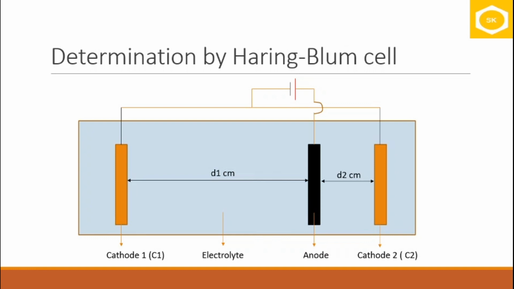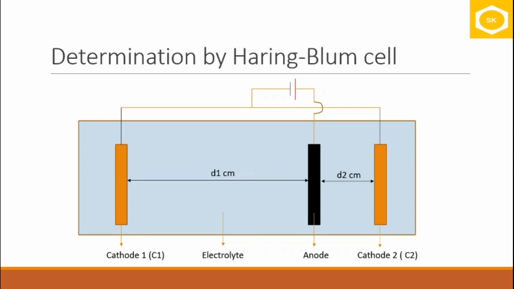Now if you observe keenly, cathode 1 is kept at a distance of d1 centimeters from the anode, which is greater than the distance of cathode 2 from the same anode. This is the way you are going to set up the Haring-Blum cell. That is, D1 has to be greater than D2 all the time.